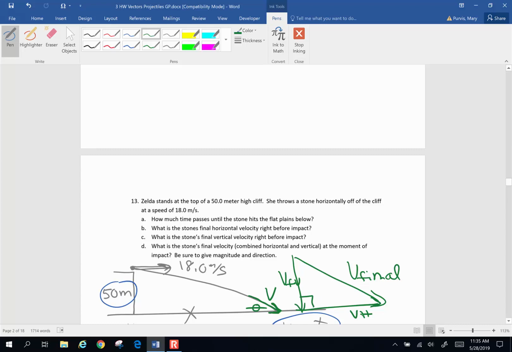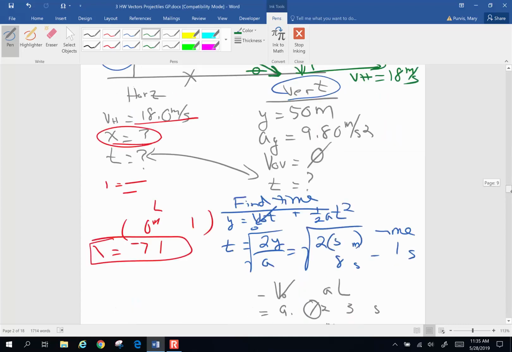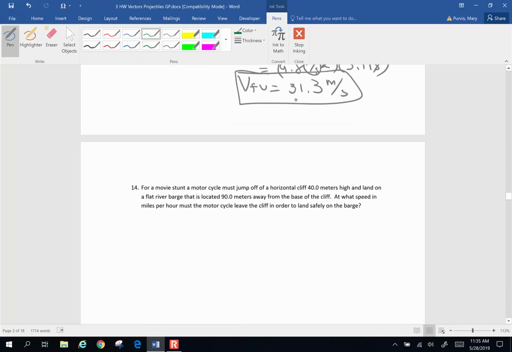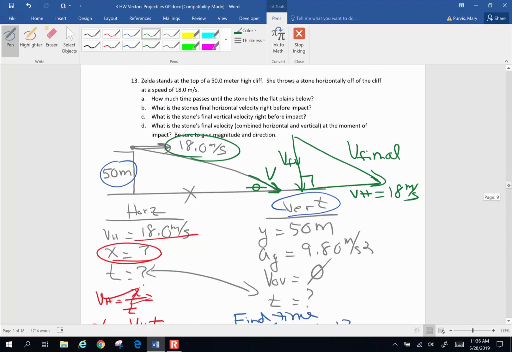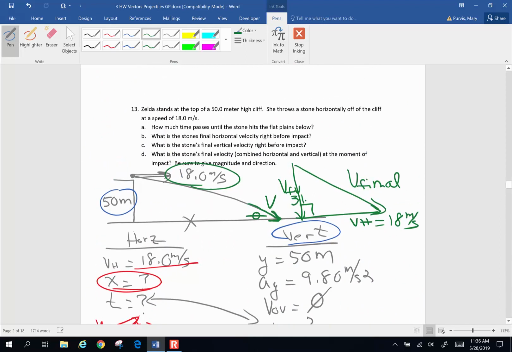The horizontal velocity vector has always been 18 meters per second. That was given in the problem. The vertical velocity vector is, where did we find it? It's 31.3 meters per second. So that's my vertical velocity, and here's my horizontal. How am I going to find this? Well, I'm going to use Pythagorean theorem.